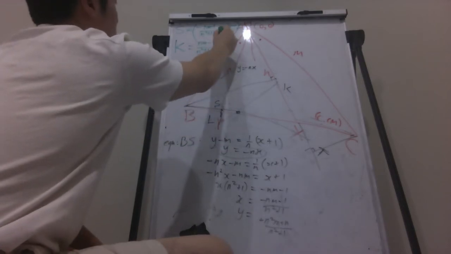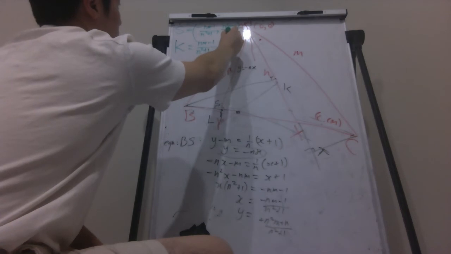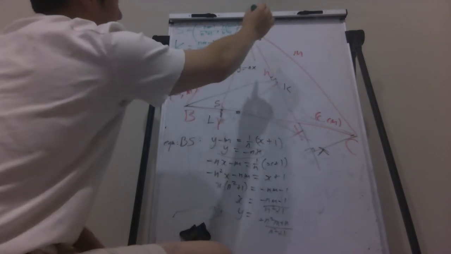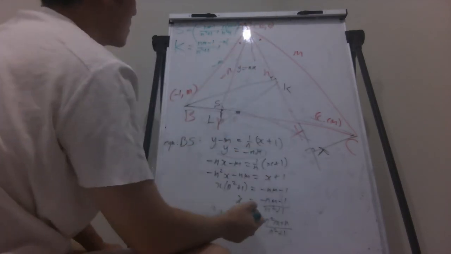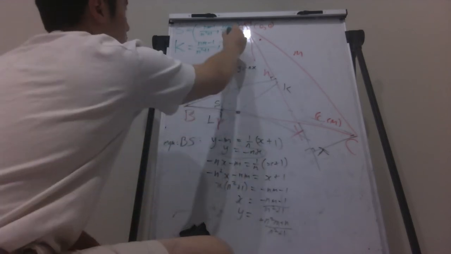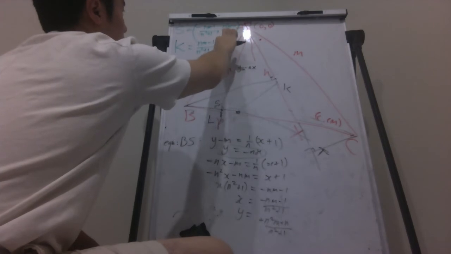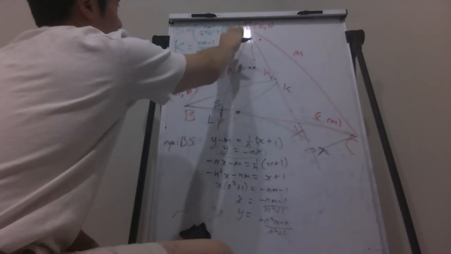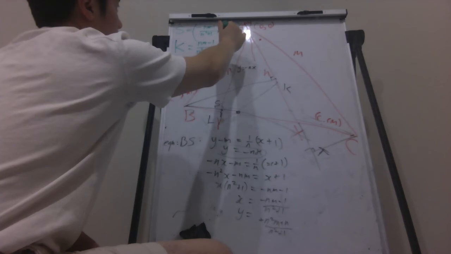So does this work? Let's see. Minus n outside of, does it work or not? So I guess it's n squared m still minus 1.